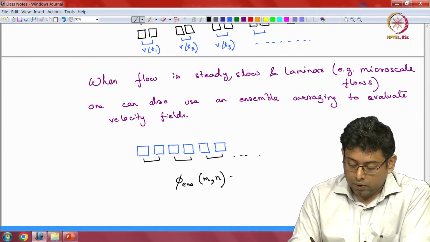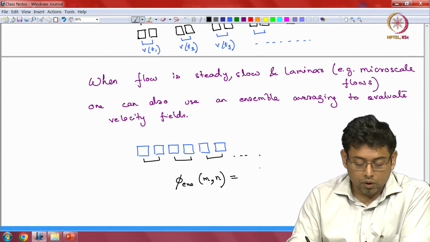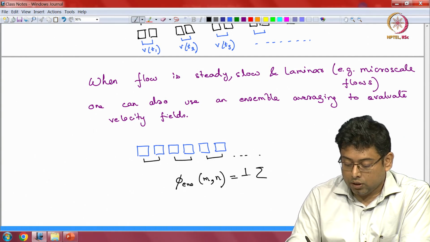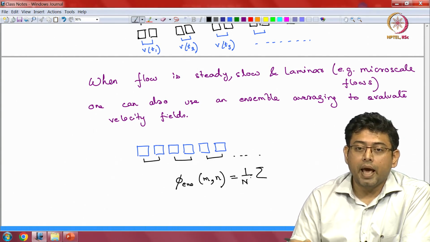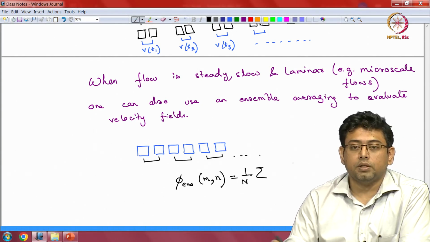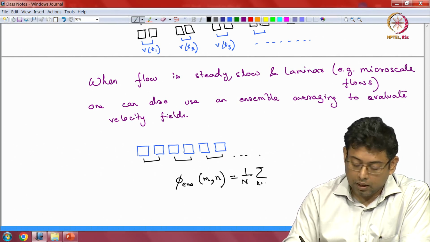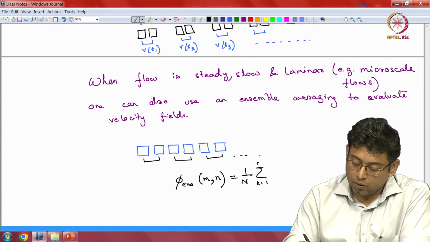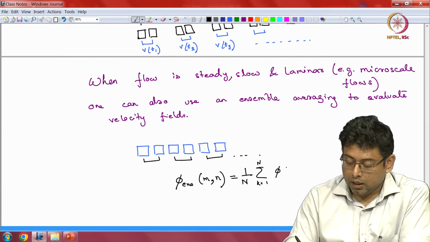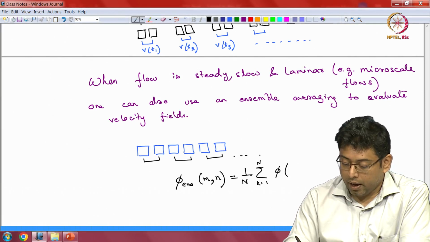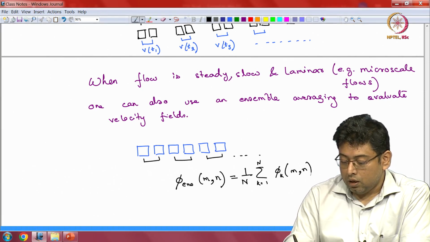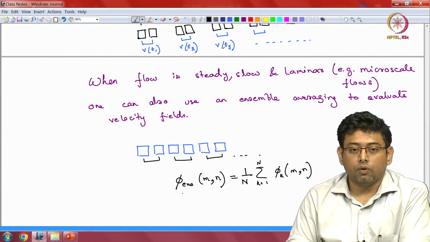And you can now define an ensemble averaged correlation peak, which is going to be equal to some average, so 1 by n, where you choose the number of image pairs that you're going to average over, and here k is a dummy variable which goes from 1 to n, and this is phi k. So phi is the correlation quantity.